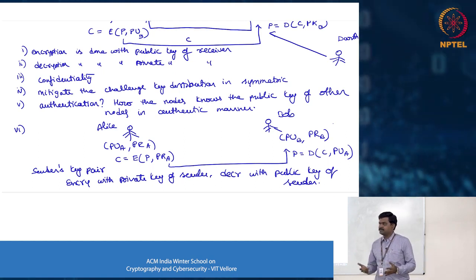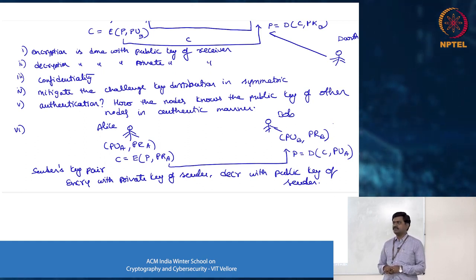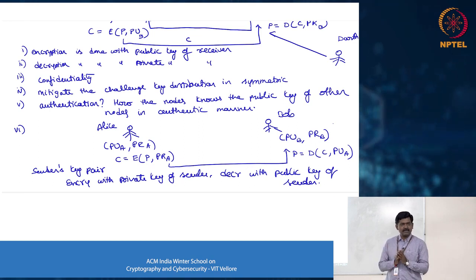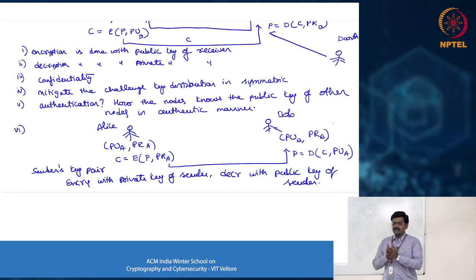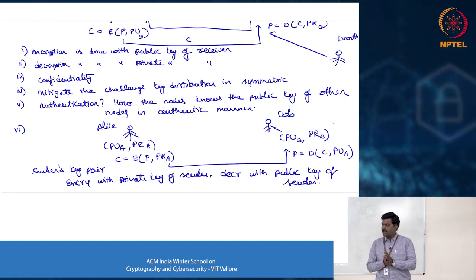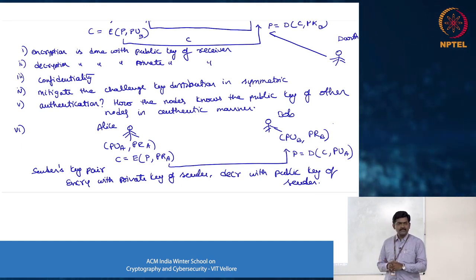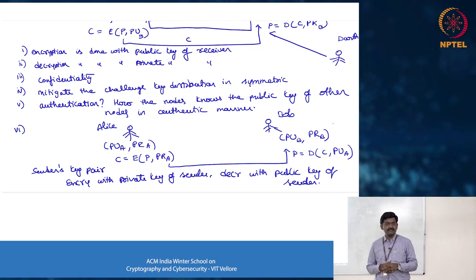Graduate students learning cryptography often get confused, using a key from one pair and a key from another pair. No, that's not the way. So use either the receiver's public key for encryption and the receiver's private key for decryption, or the sender's private key for encryption and the sender's public key for decryption.